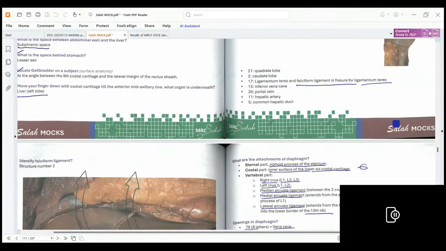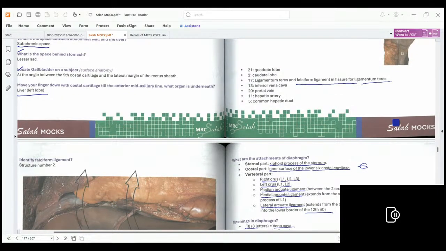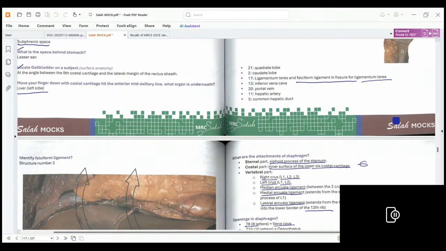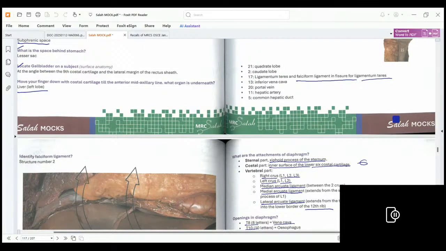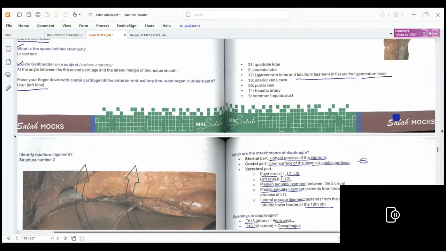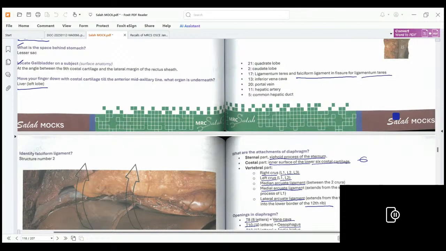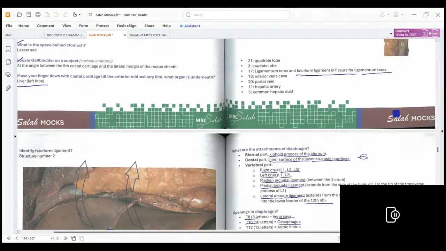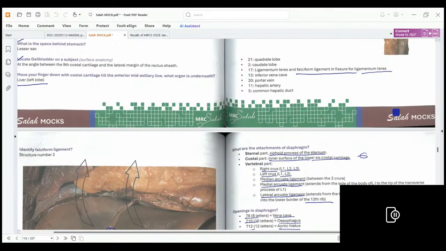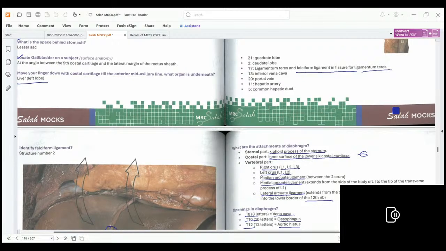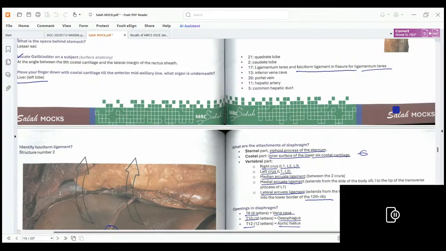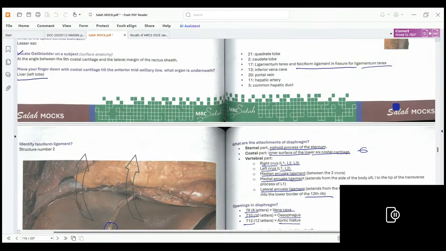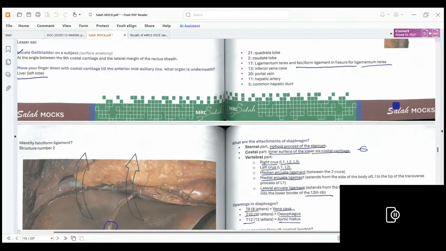It is composed of two layers of peritoneal fold closely joined together.